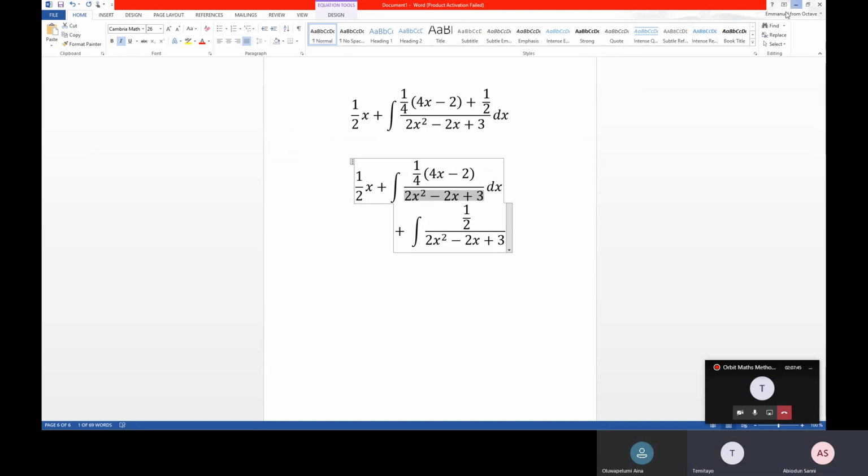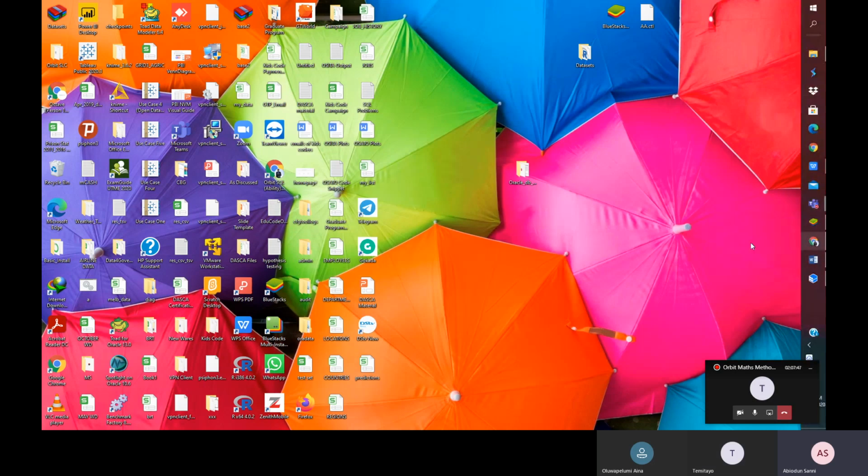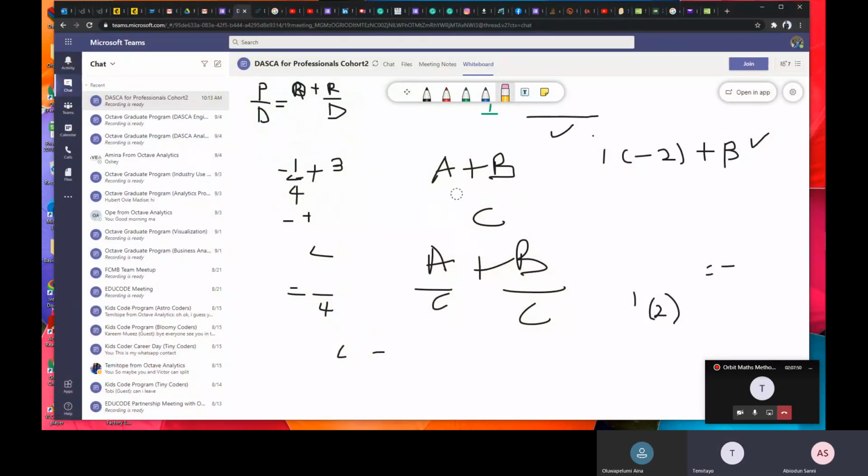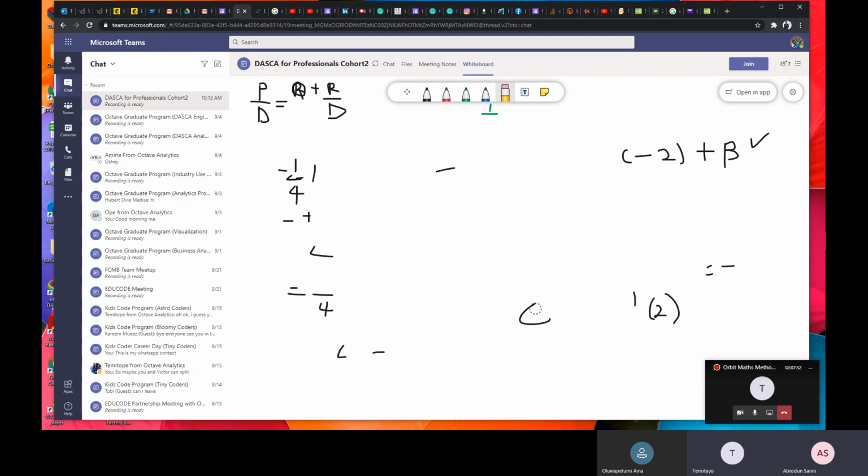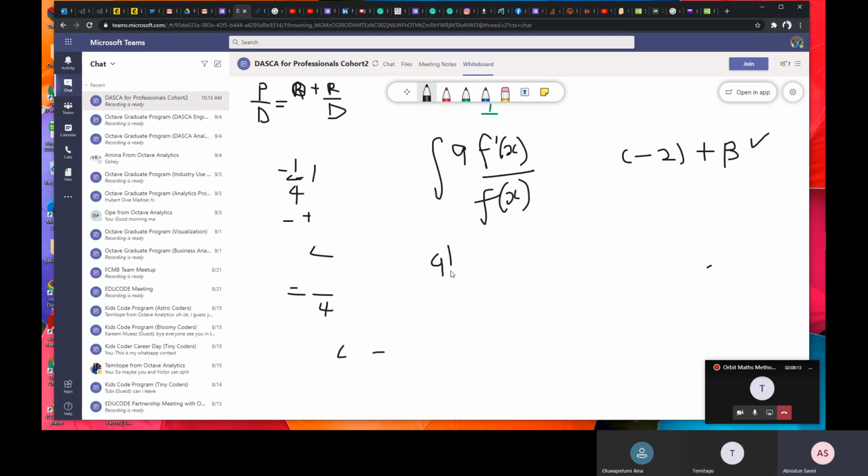Because if you have something like this. Oh, 1/4 has to come out though. Yes, exactly. If you have the integral of a, where a is a constant, times f prime of x over f of x, since if I differentiate the denominator, I'll get the numerator, my answer is going to be a ln f of x.